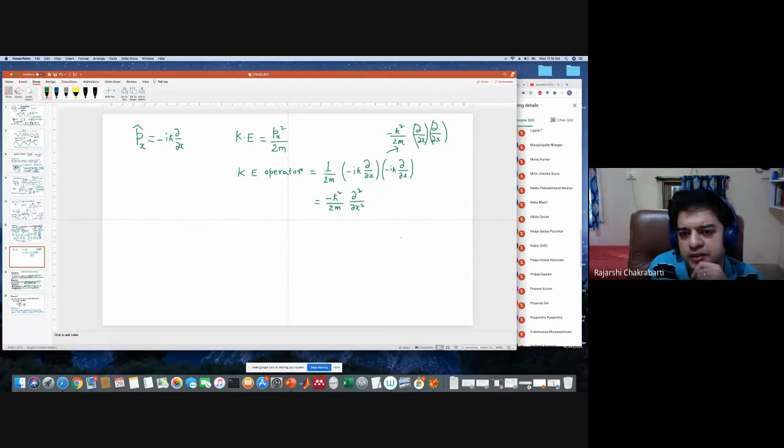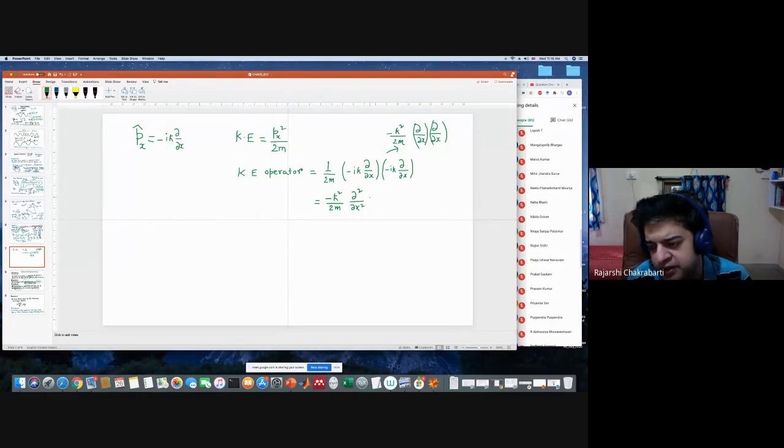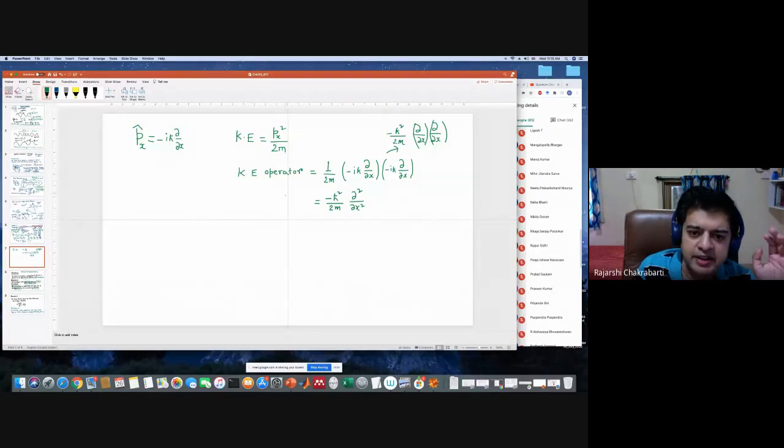This is convincing because d/dx is a linear operator, and operating d/dx twice is equivalent to taking the second derivative. So that's why the kinetic energy operator in quantum mechanics is this. Are you convinced? If you have any problem, tell me.